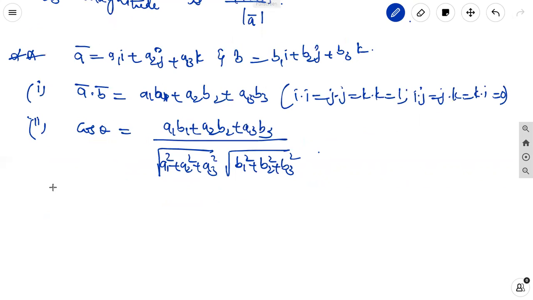Here theta is the angle between A vector and B vector. Modulus of A vector is the square root of a1 square plus a2 square plus a3 square. Similarly, modulus of B vector is the square root of b1 square plus b2 square plus b3 square.